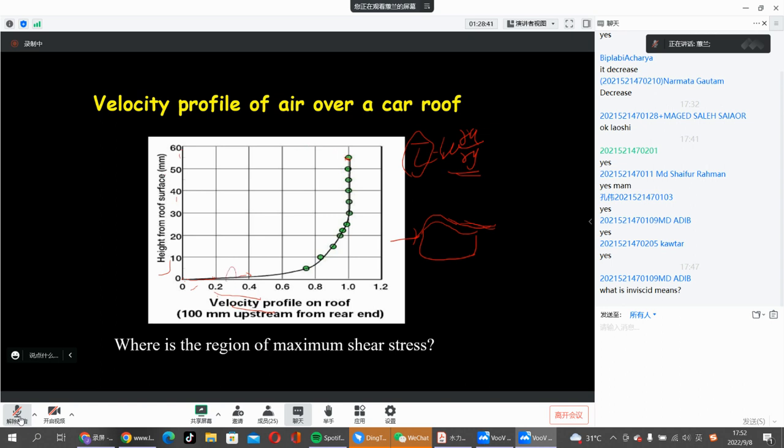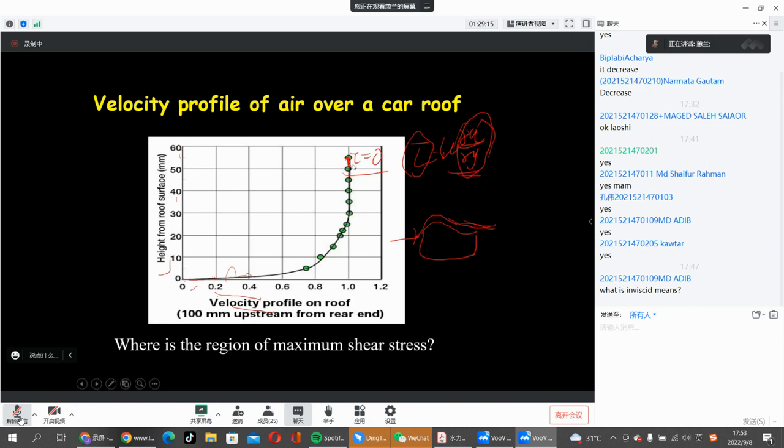How about here? Tau equal to what? Tau equal to 0. Why? Because here, the velocity doesn't change with the height from the surface. Here, tau is almost equal to 0. This is to tell you that the shear stress is not decided by the magnitude of the velocity. It's decided by the velocity gradient, the velocity spatial gradient, okay?